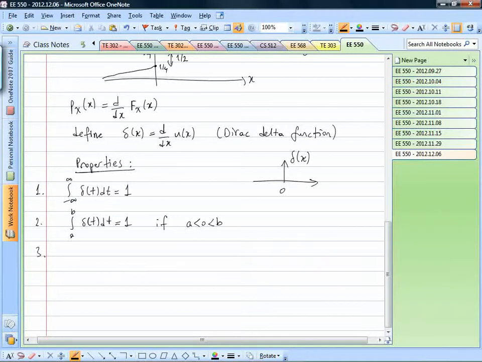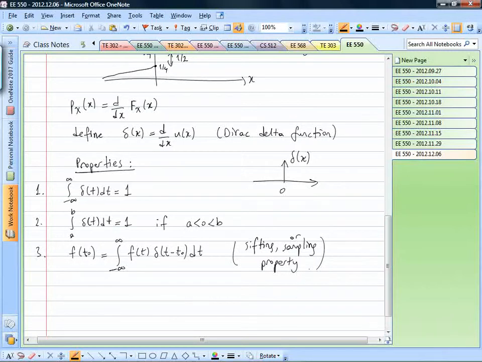Okay, so number 3 property: f of t0 is equal to the integral from minus infinity to infinity of f(t) delta(t minus t0) dt. So this is the sifting or sampling property. This is an important property of delta.